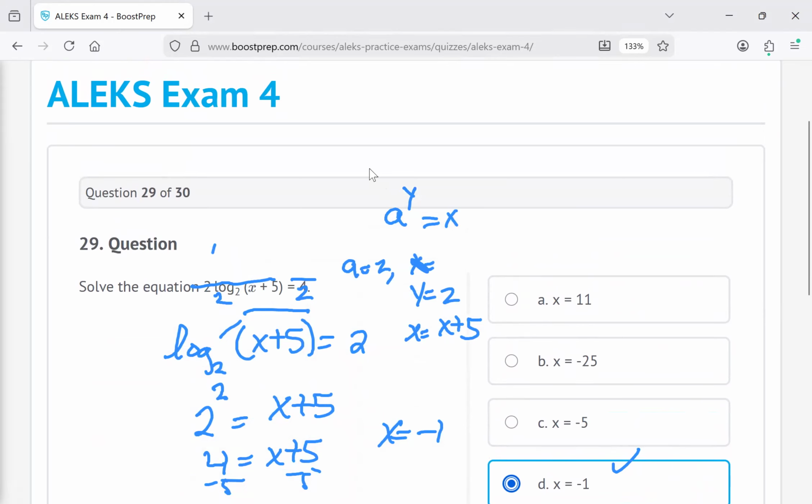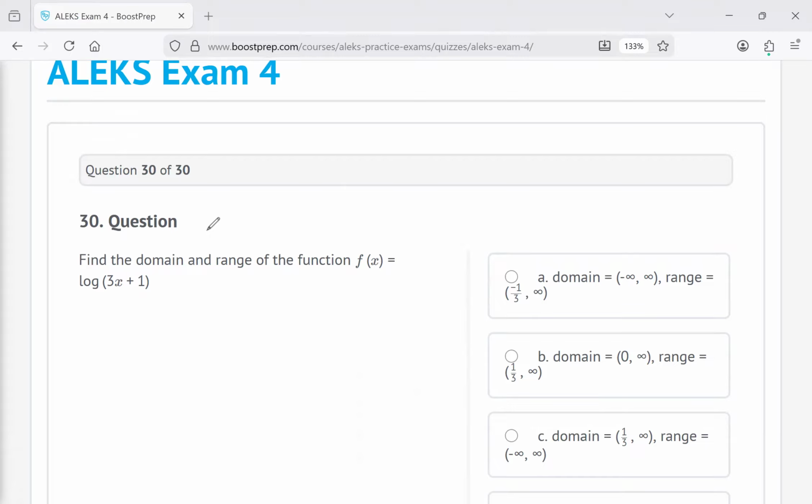So what we know is you're dealing with a log graph, it's the inverse of exponential. So what you need to know is in a log graph you have a vertical asymptote, right? You do have a vertical asymptote, and your vertical asymptote is whatever your horizontal shift is.